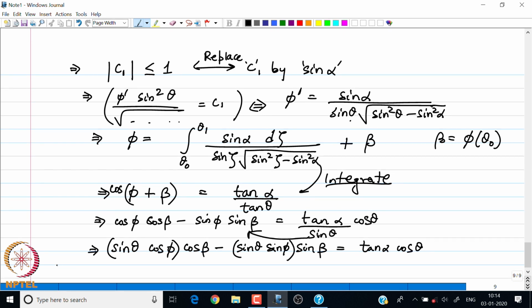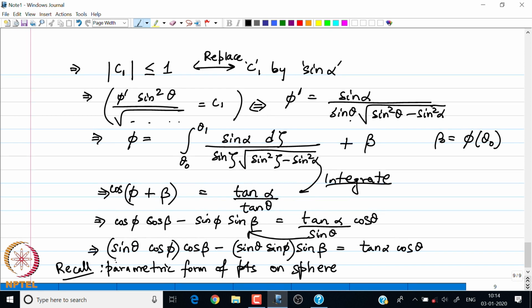Notice that, recall the parametric form of points on a sphere. Students should recall the parametric form of the points on a sphere, whose x component is r sin theta cos phi, y is r sin theta sin phi and z is r cos theta.